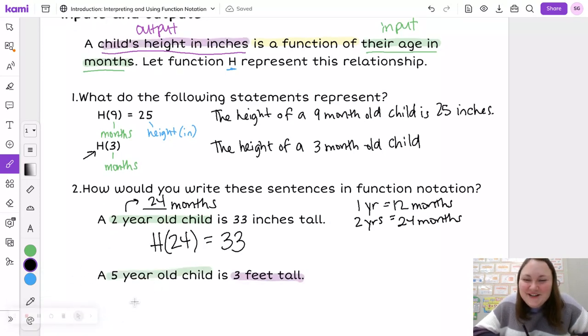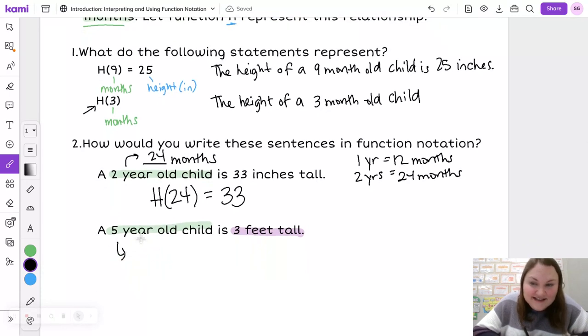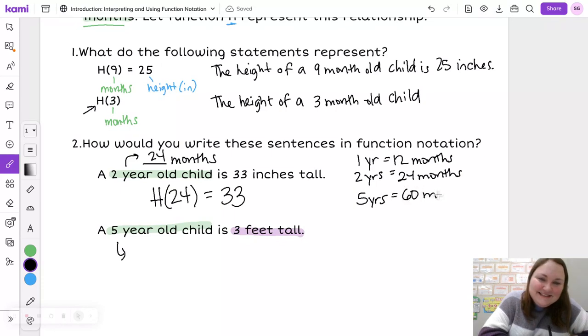So for this final part, we have the information. It's a 5-year-old child, and they are 3 feet tall. Similar to this one we just did, 5-year-old child. I know my input is in months, so I need to calculate how many months old that child is. The same way we had done here, you can use multiplication. If you multiply 5 years by 12, that gives you that child is 60 months old.